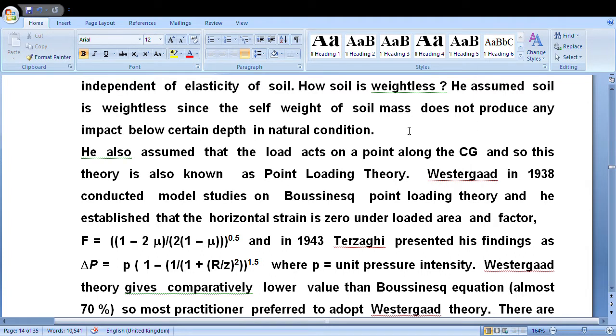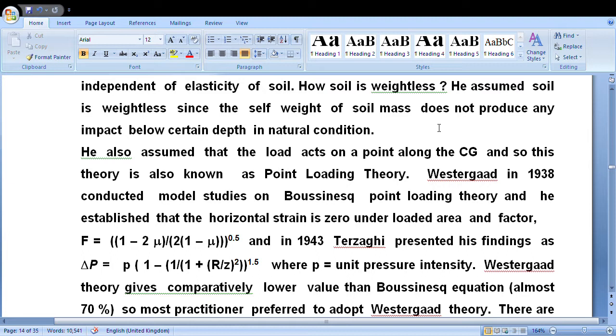Not only he, but many others also say the same thing, that soil is weightless. But if soil is weightless, what is the necessity of using soil weight as a surcharge, as an overburden pressure, in both SBC estimation and settlement analysis in excess pressure also?